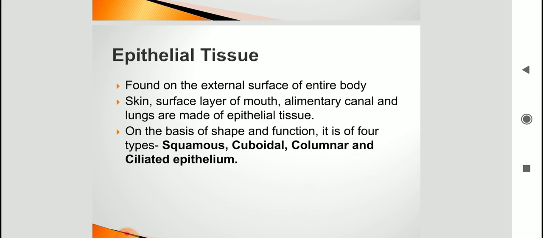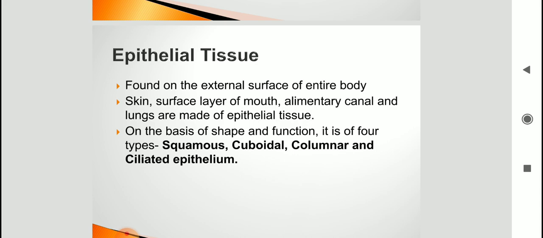So where will we find it? It will be found on the external surface of the entire body. Skin, surface layer of mouth, the external covering of the alimentary canal, lungs, all these things are made up of epithelial tissue. Okay, so the covering is the epithelial tissue.